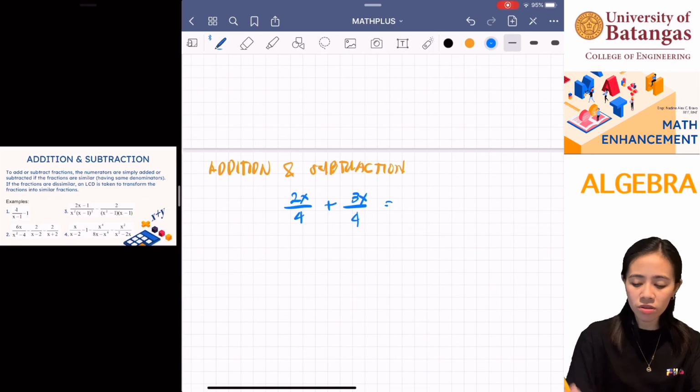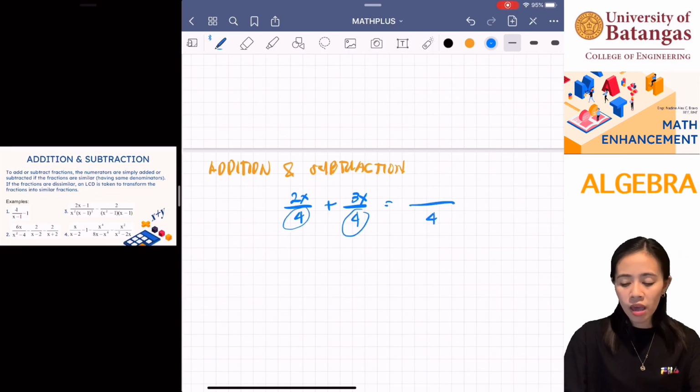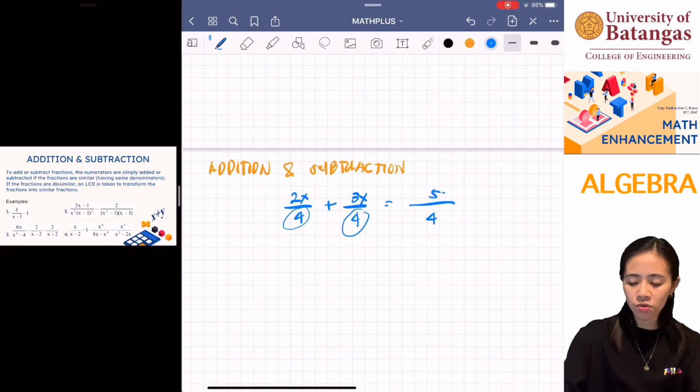Similar fractions yan because you have the same denominator 4. So, gagawin mo lang is simply copy 4 and then add or subtract kung ano man yung operation na given sa numerator, the terms. So, you have 2x plus 3x, edi 5x. Ito yung sagot natin.